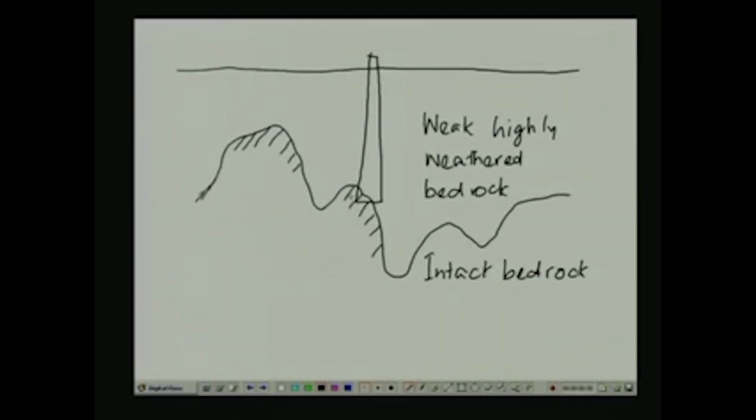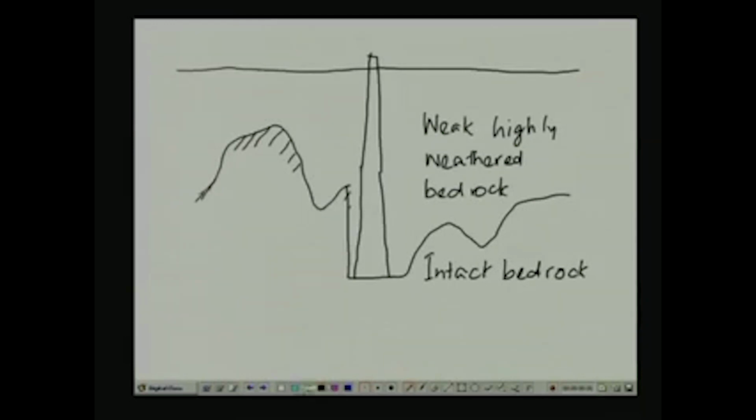And what we need to do, if we do not want to laterally shift the location of the bridge foundation, is excavate the bedrock to a level like this, and place the pier. We need to bear the pier at a deeper elevation, at a deeper location, like that, in order to ensure stability.